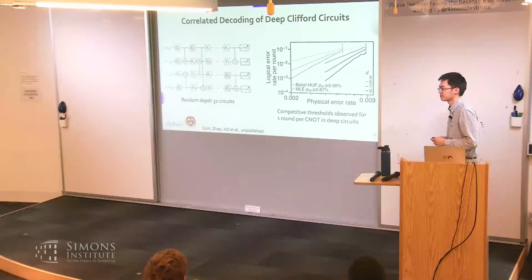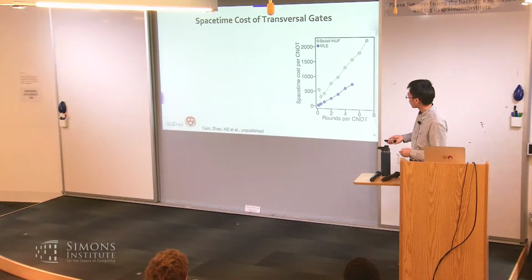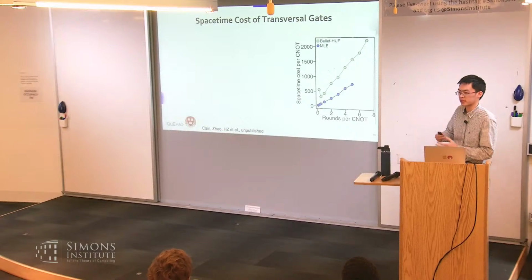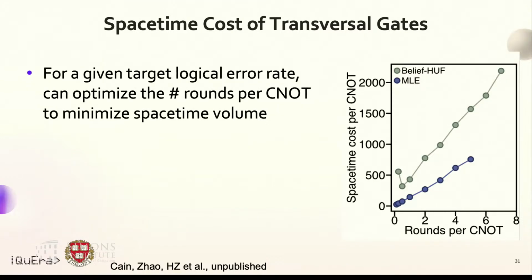Okay. Great. So we can also look at the actual space-time volume that you're using per logical operation. And here what you see is that as we vary the number of rounds of C0, because you're adding these rounds of syndrome extraction, your space-time volume is going up. Maybe I should mention, we have a target logical error rate, and then you can optimize the number of rounds of C0 you do to minimize the space-time volume, right?